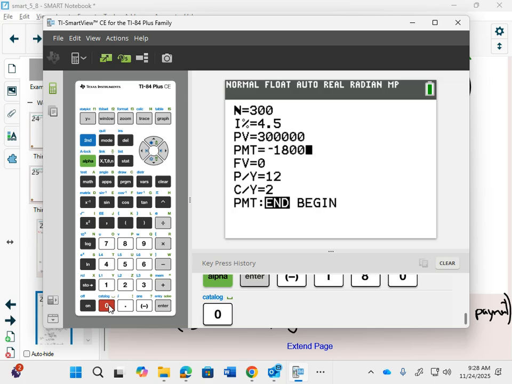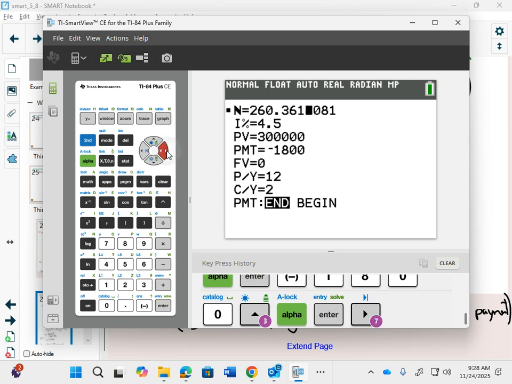This will mean I'm going to pay it off sooner. Instead of 300 payments, it's 40 payments less. Almost 40 payments is like 3.5 years. 3.5 years earlier, I'm going to pay off my whole house.